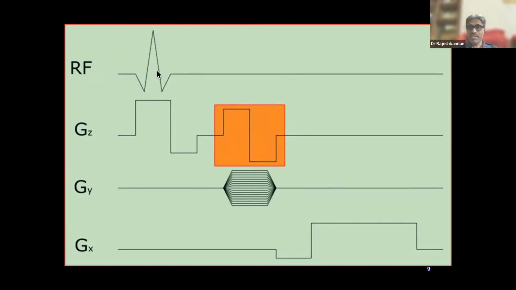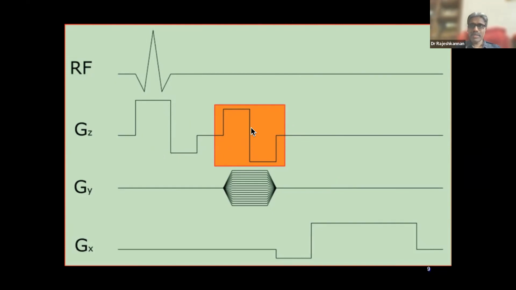So that is a very important concept, and this bipolar gradient, marked in the yellow color, will be applied after the 90-degree radio frequency pulse, along with the slice selection gradient. Okay, and the rest of the sequence will remain the same. So the only additional thing is applying a bipolar gradient.